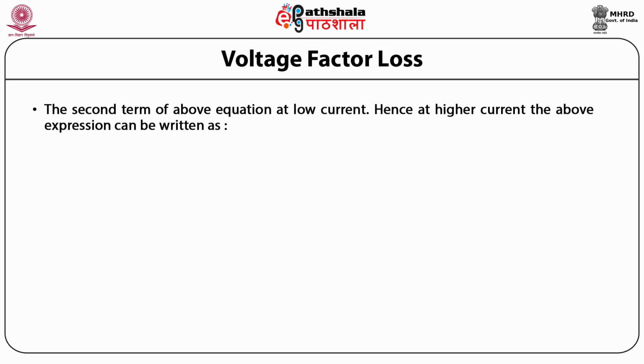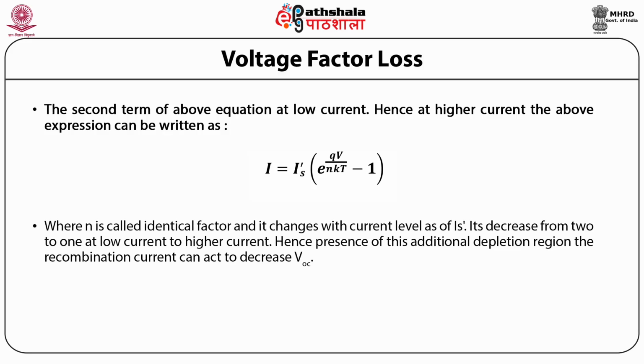The second term of the above equation is significant at low current, hence at higher current, the above expression can be written by neglecting the second term, that is I will be equal to Is prime multiplied by (exponential qV by nkT minus 1), where n is called the ideality factor and it changes with the current level as Is prime.